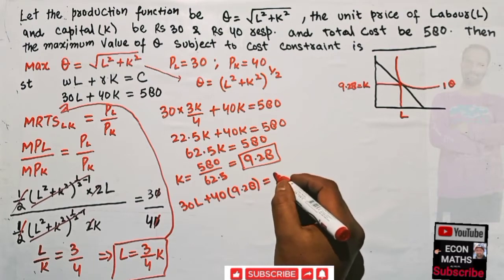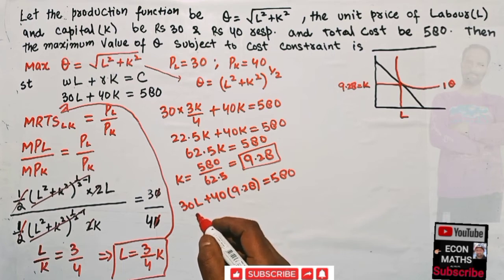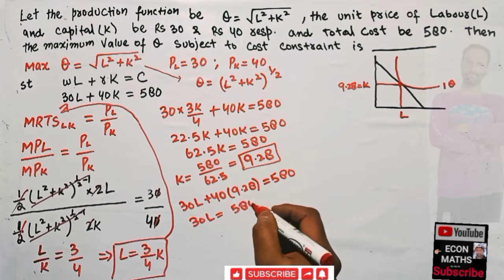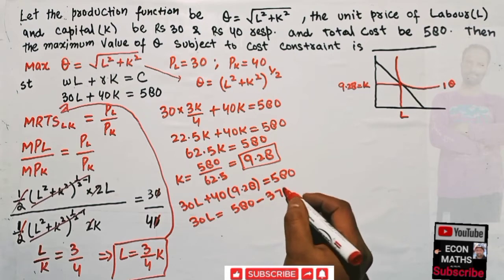Okay, this should be equal to 580, which means we have 30L is equal to 580 minus 40 into 9.28. When calculated, this comes out to be 371.2.